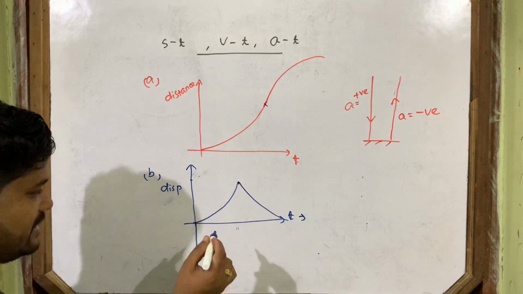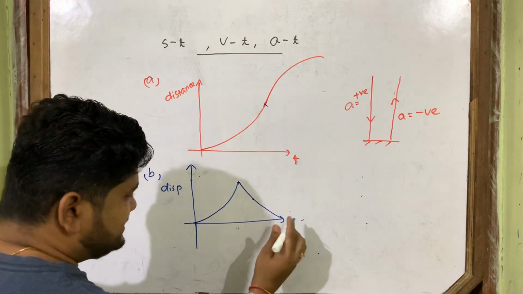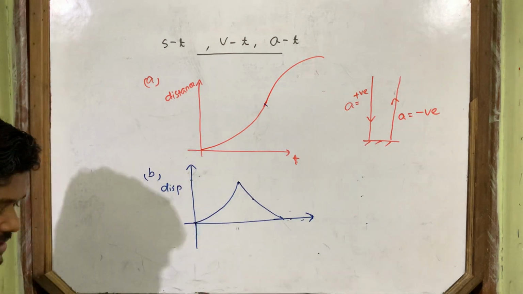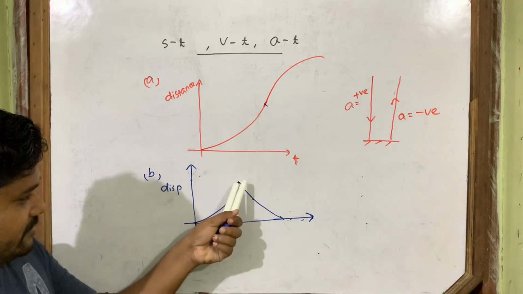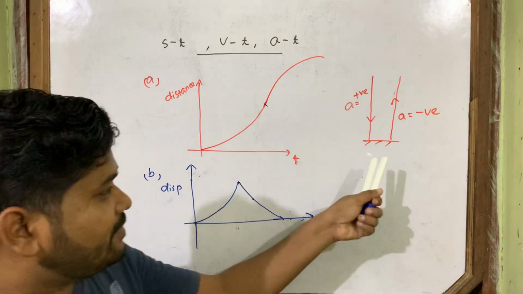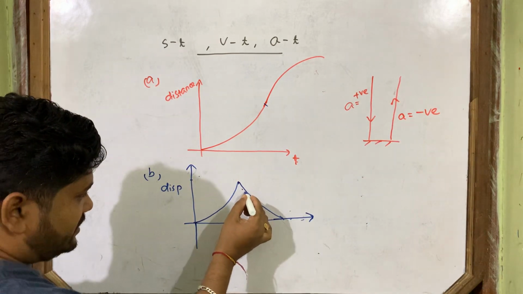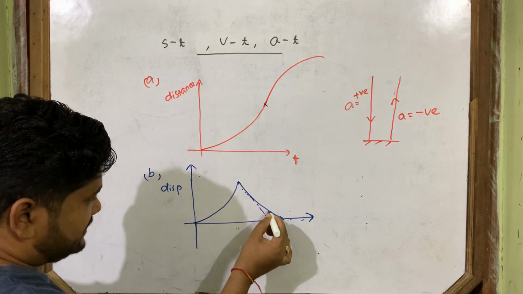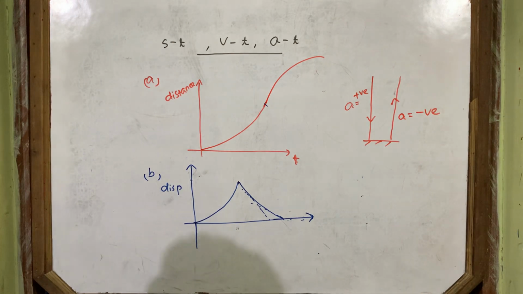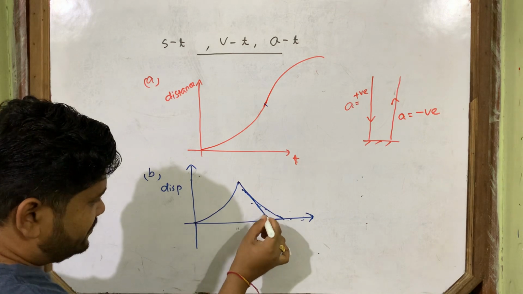You will see, if you compare the slope at this point, because I told you that the speed decreases. From this part to this part, the body comes down, but from this part to this part, the body goes up. So if we compare the slope at this point and at this point, let's compare the slope here.